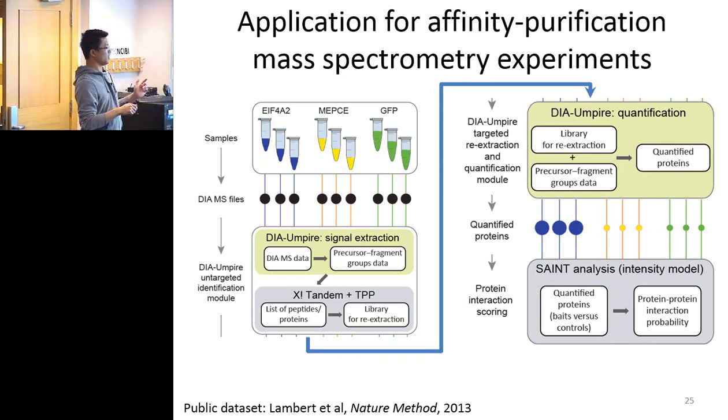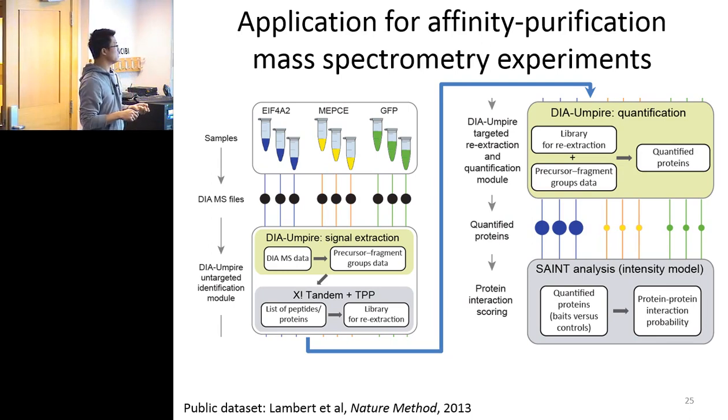So when you want to capture that protein interaction, you capture the protein of interest, then hope all those interacting proteins will be captured together. So when you do the quantification, you hope those interacting proteins have a high quantification value.